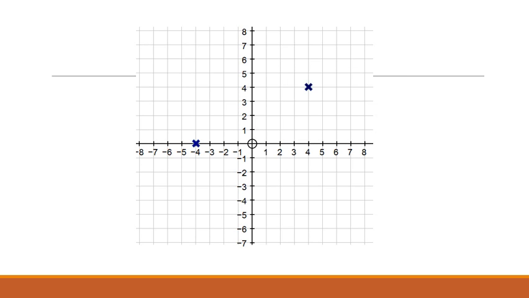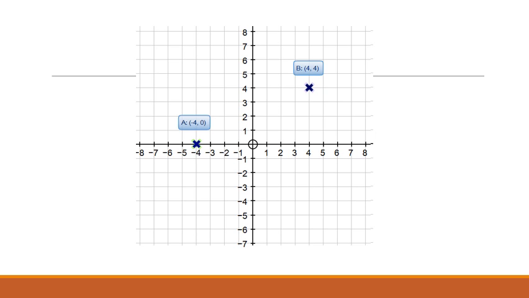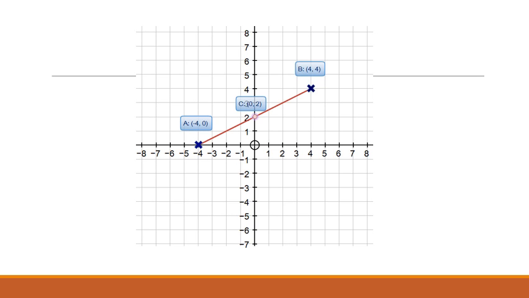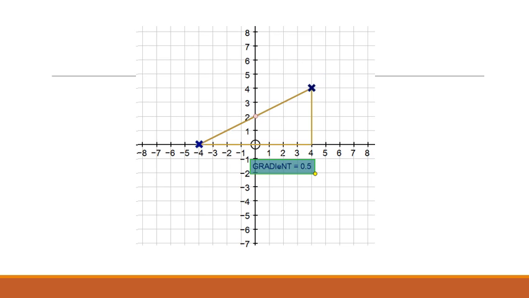Okay, first of all, we look at how to plot points on the grid in the various different quadrants. We then look at how to label the points with an ordered pair. You need to be able to find the midpoint of 2 points or of a line segment. You've also got to be able to find the gradient of a line or a line segment.